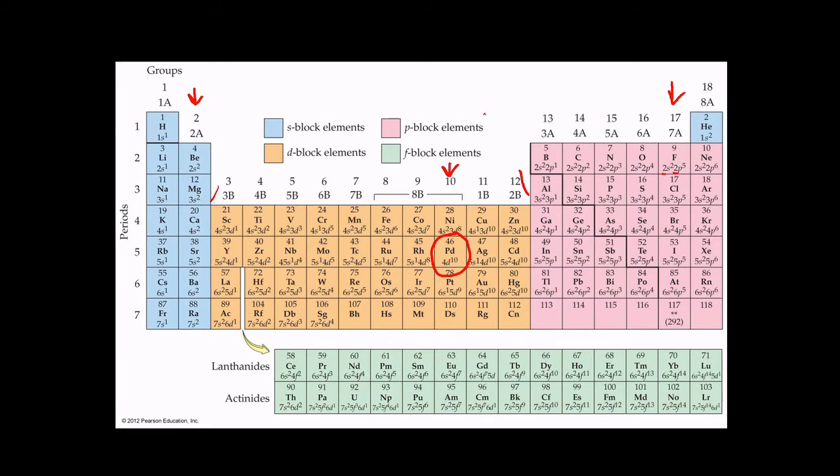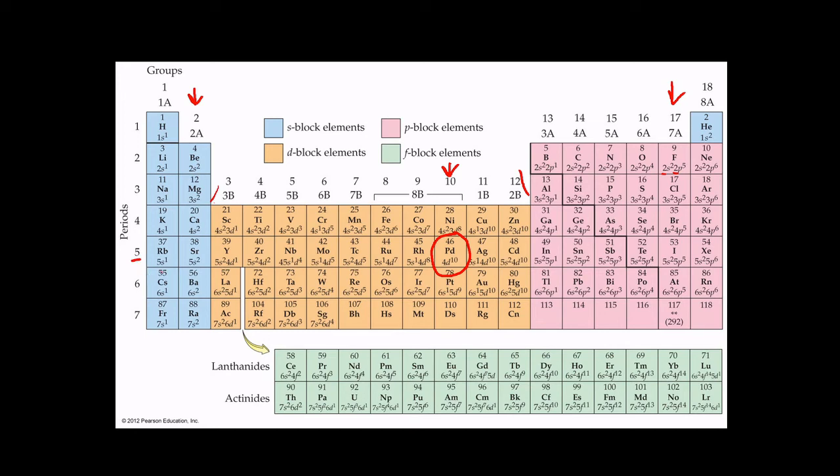So we have rows here going left to right, and then columns going up and down. Each of these rows has a period number, 1 through 7, and the period number actually matches the principal quantum number that you start with each of these.